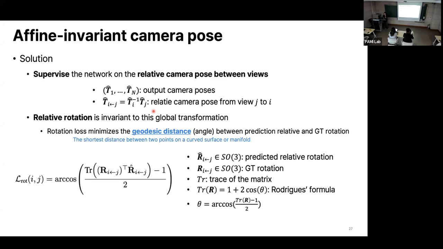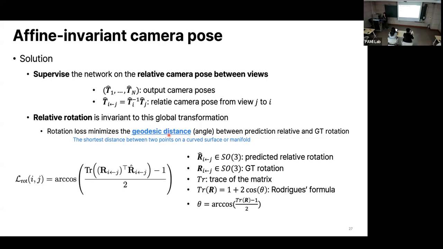The first one is the rotation matrix, and the second one is the translation. For the first, rotation part, rotation is invariant to this global transformation, so we do not need to consider any scale ambiguity. For the rotation loss, they just use the geodesic distance between the relative rotation and the GT rotation.